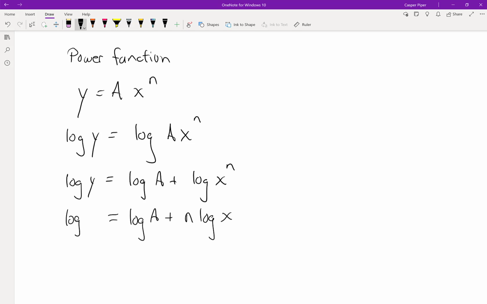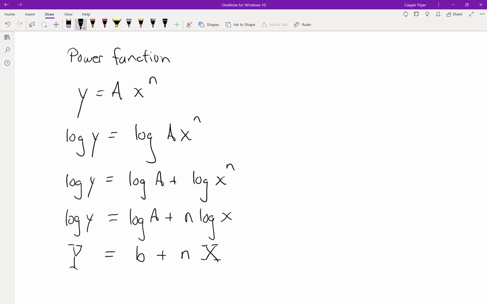And over here I've got the log of y. So let's replace the log of y with capital Y, and the log of a, I'm just going to call that the letter b. It's a constant. Plus n, and then the log of x will be my other variable. And so I've got a straight line. Y equals nx plus b.